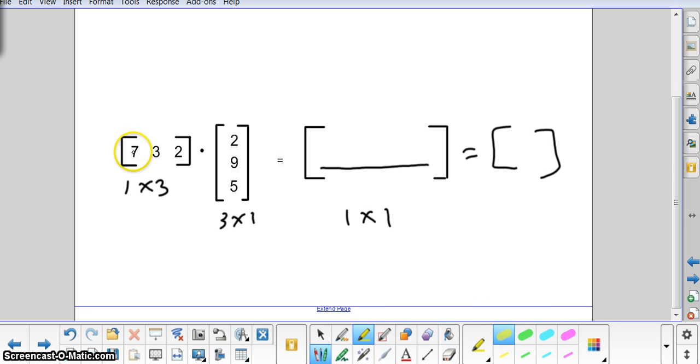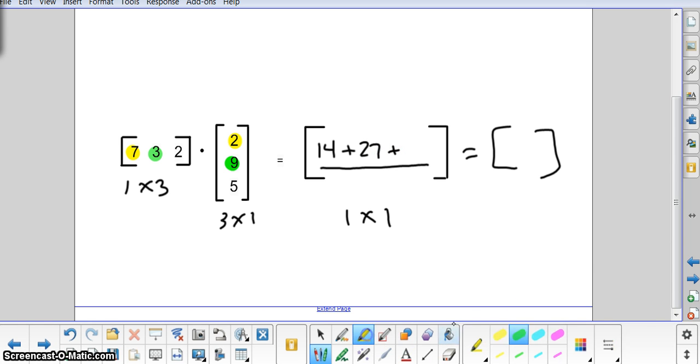Well, first element of row 1 by the first element of column 1. So that's going to become 7 times 2, so I'm going to put a 14 right there, plus, and then I'm going to go ahead and do the second member in the row by the second member in the column, 3 times 9, so 3 times 9 is 27, and I'm going to add to that, let's see what's left.